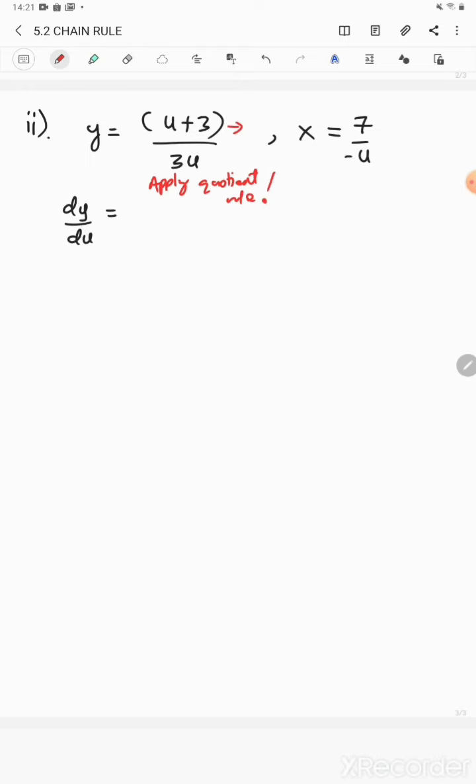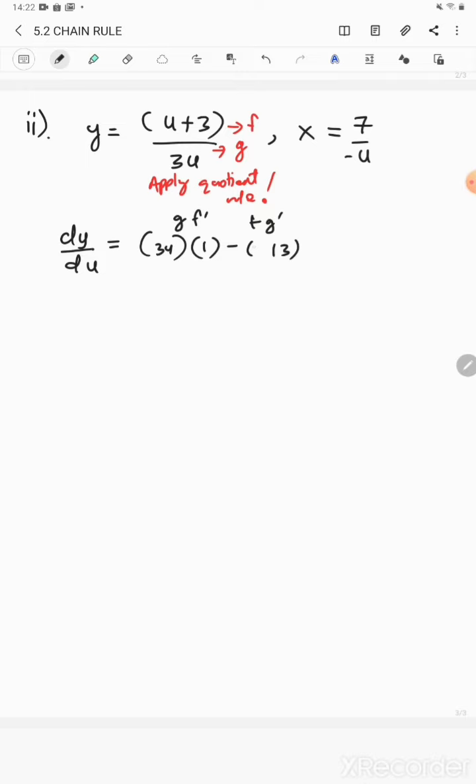So to apply the quotient rule, this is F and this is G. Remember the formula. dy over du equals G F prime: differentiate u plus 3, we get 1, minus F G prime: F we have u plus 3, differentiate G, differentiate 3u, we get 3, divide by G square, where G square we have here 3u square.